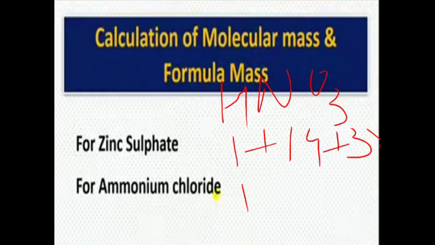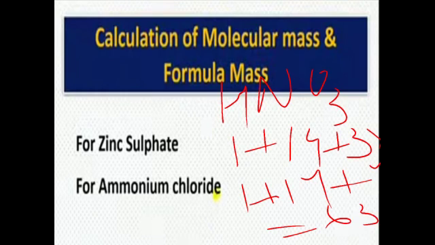So here 1 plus 14 plus 3 into 16, which is 48, goes on to total 63. The unit of atomic mass is U. So you have to write down U after calculating the molecular mass. The unit of molecular mass is U.